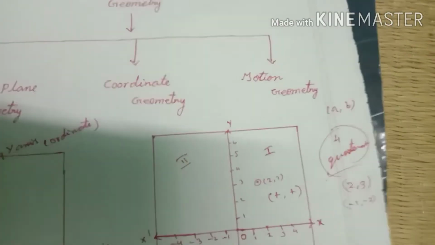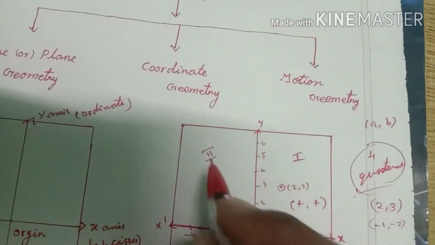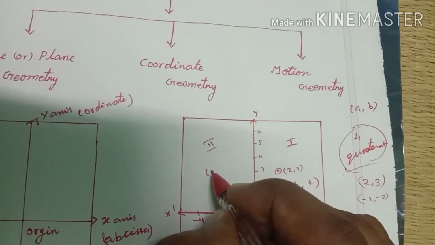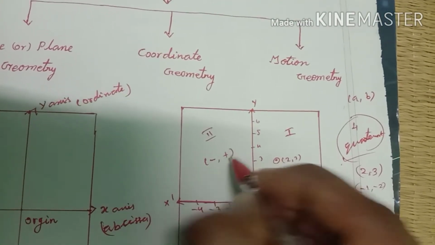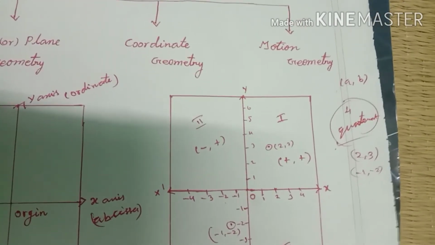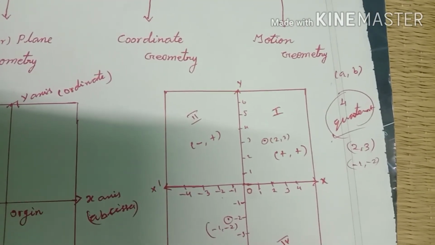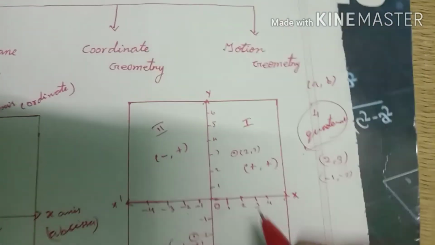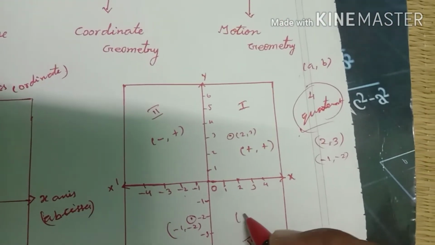In the second quadrant, minus comma plus. In the third quadrant, both coordinates are negative. And in the fourth quadrant, plus comma minus.